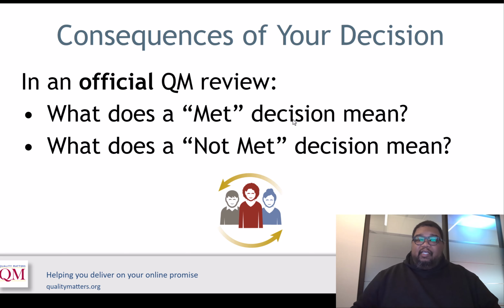So, just reminding you, if you decide something is met, suggestions for improvement are optional, but continuous improvement. If you decide something is not met, suggestions for improvement are mandatory. They have to know how they can make this better. Any questions? Awesome. Thank you.